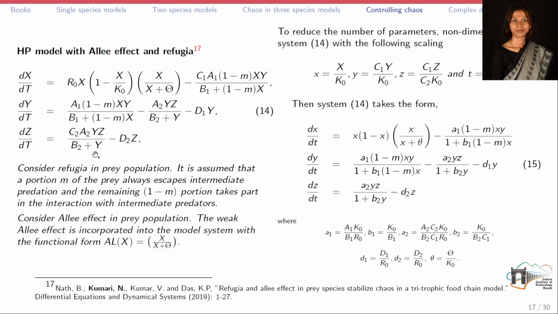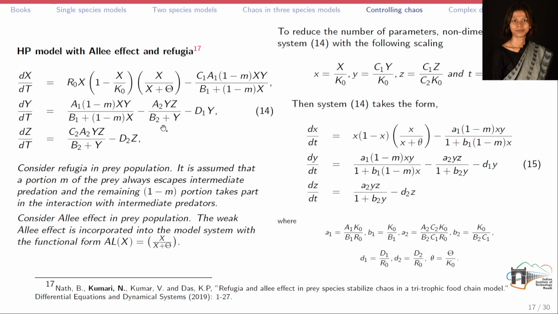Our goal was to see the pattern formation in the mathematical model, if there is any pattern formation in these populations, and also to understand if there is any significant effect of Allee effect and refugia on the dynamics of the mathematical model.